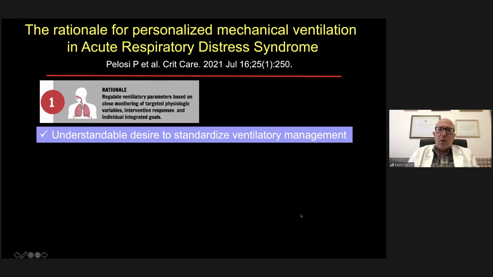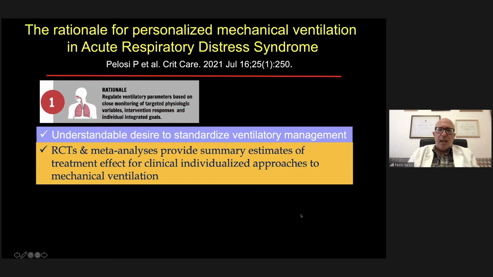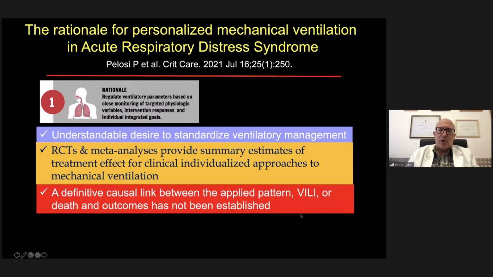In fact, there is a clearly understandable desire to standardize ventilator management in these patients. On the other side, randomized controlled trials and meta-analyses may provide summary estimates of treatment effects for a clinical personalized approach to mechanical ventilation.